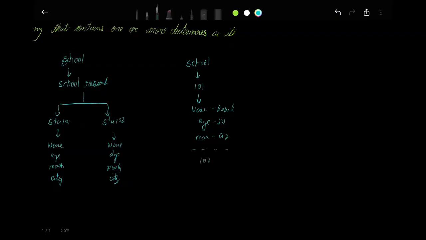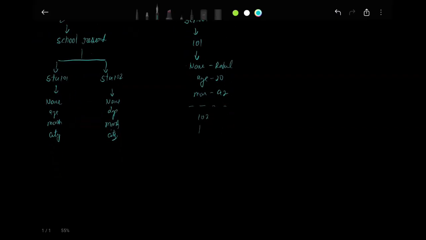Then I have student 102 who has name Aman, age 21 and marks 88. Notice something interesting. The outer dictionary has keys 101 and 102. Instead of storing numbers or strings, these keys store another dictionary. That inner dictionary contains complete information about the student.